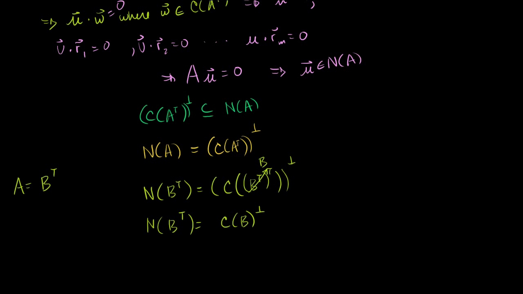So just like this, we just showed that, B and A, they're just arbitrary matrices.